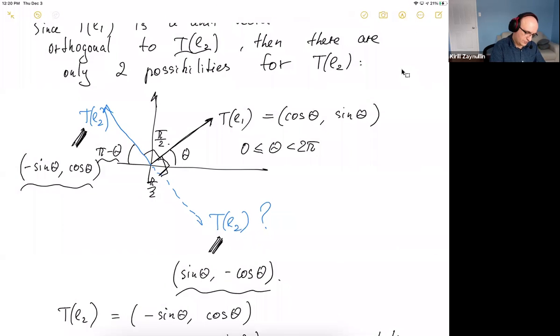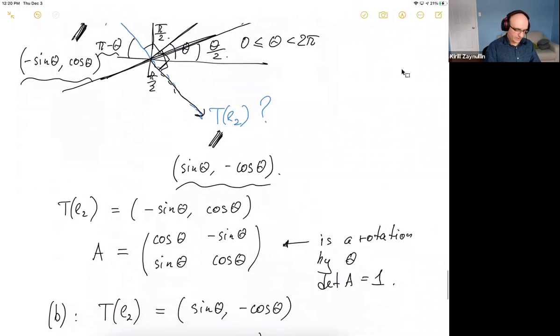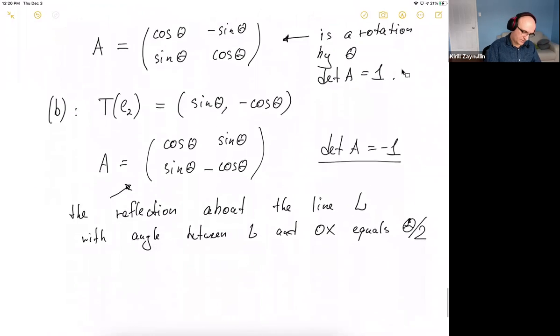You can even draw it. Say for instance, this is E2, and then this E2 goes to this T of E2, and on the picture it's clear that this is just a reflection with respect to this line, which is at theta divided by 2. Okay, so that finishes the proof.